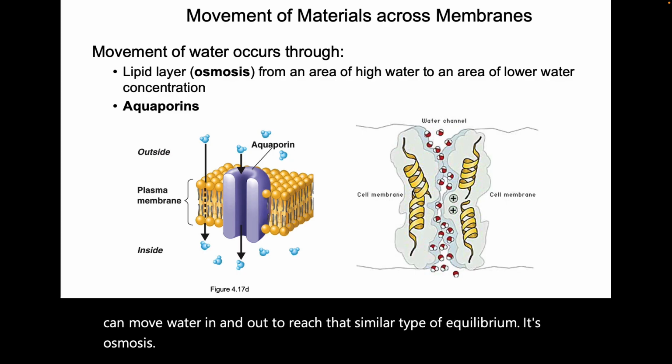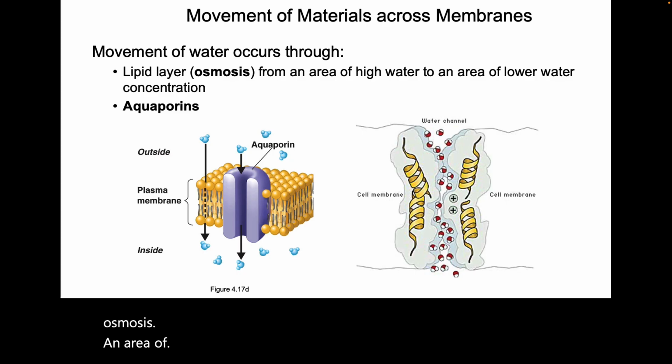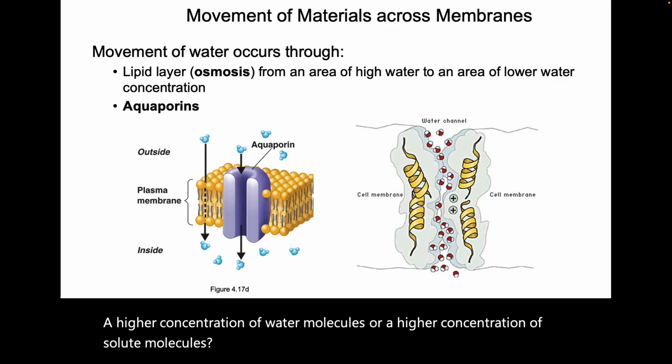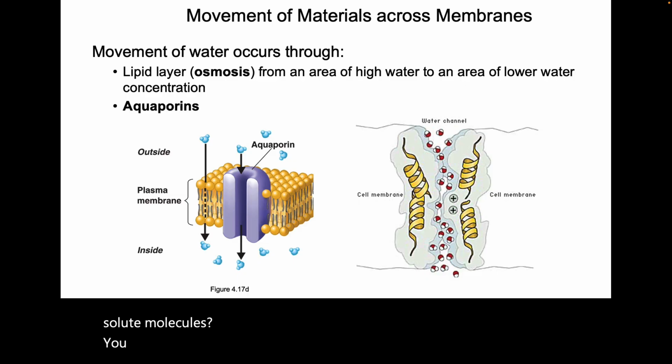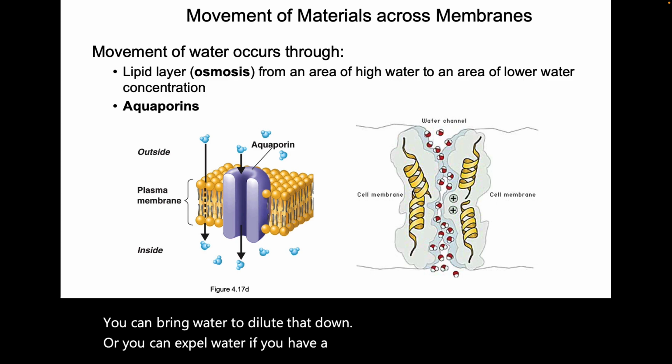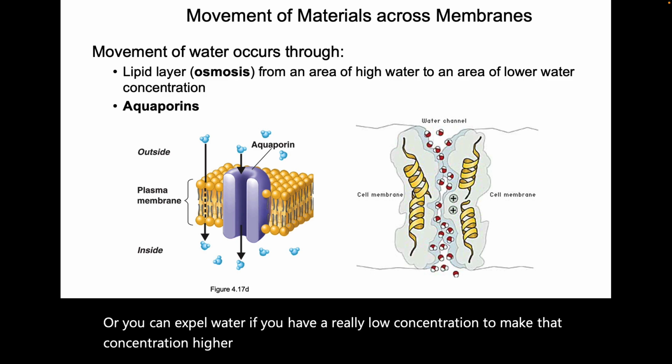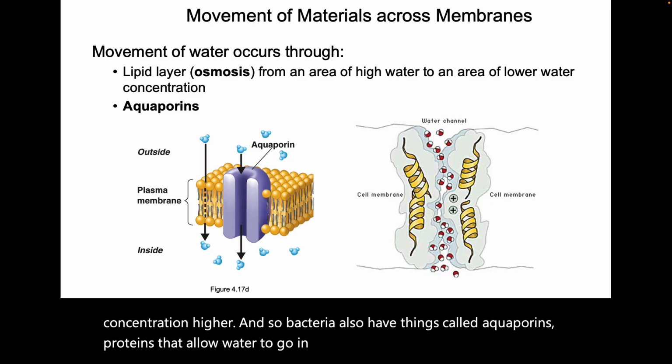An area of a higher concentration of water molecules or a higher concentration of solute molecules. You can bring water to dilute that down, or you can expel water if you have a really low concentration to make that concentration higher. And so bacteria also have things called aquaporins, proteins that allow water to go in and out. And their osmotic potential is very, very important to them.